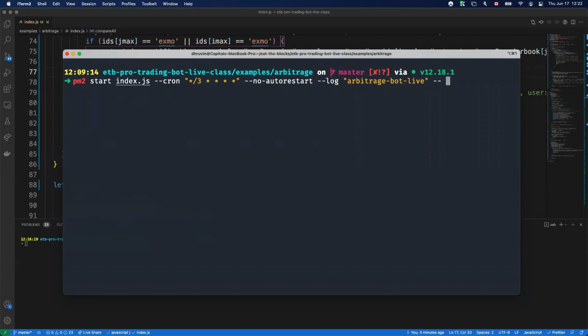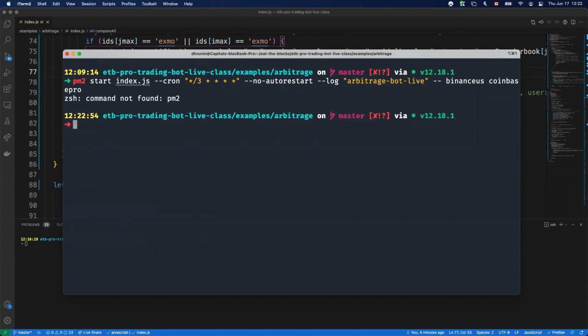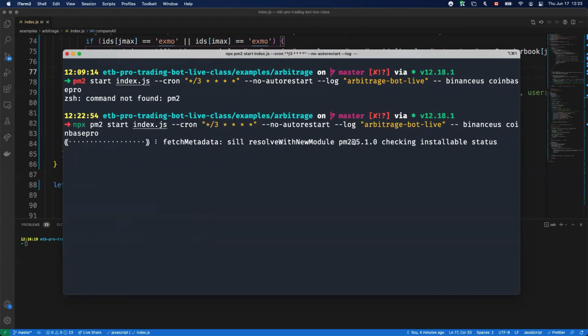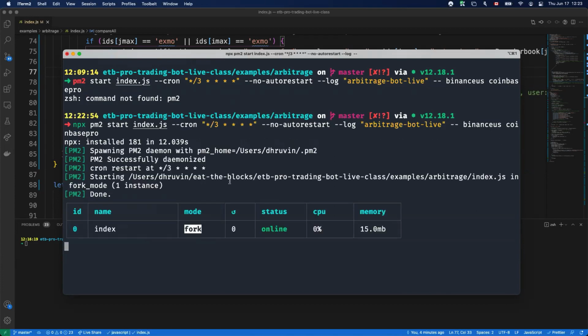Then we can directly start giving the arguments required by index.js, which means we would like to see the arbitrage possibilities between, for example, Binance US and Coinbase Pro. Right, now let's run. Okay, PM2, and just a couple of minutes and it is going to start the process.